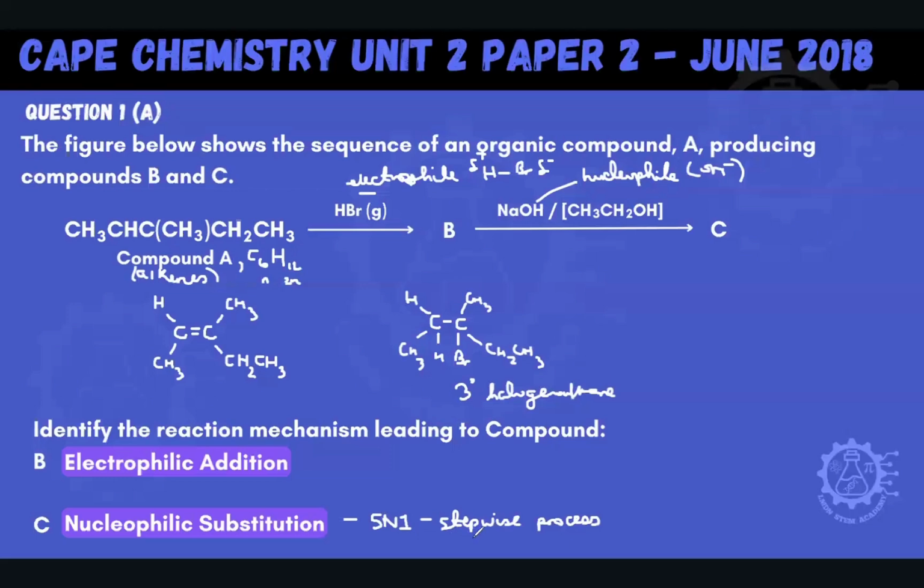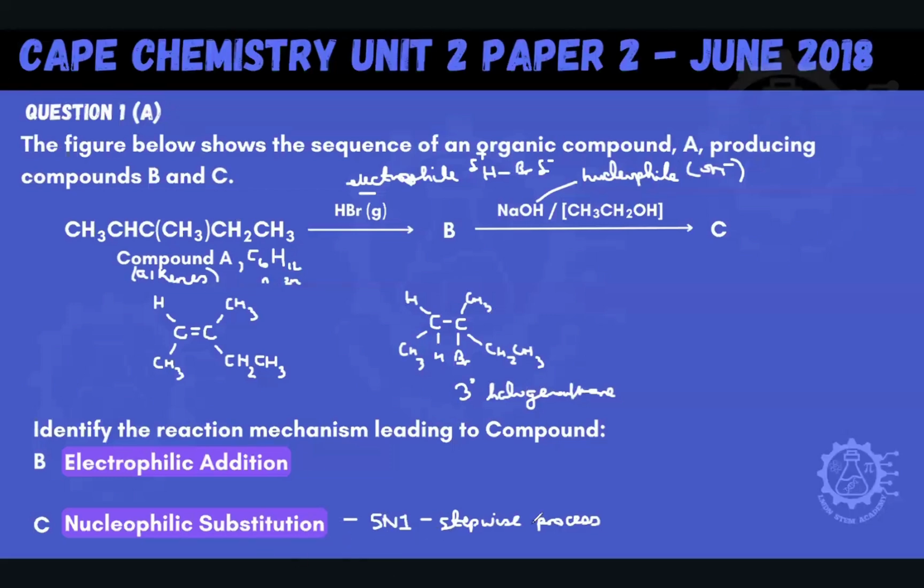It's a stepwise process. If this were a primary halogenoalkane, you would have SN2, which is a concerted process. So make sure that you know the difference between these two things, okay? SN1 and SN2, as it relates to nucleophilic substitution of halogenoalkanes. And so we could have added that there as well, okay?